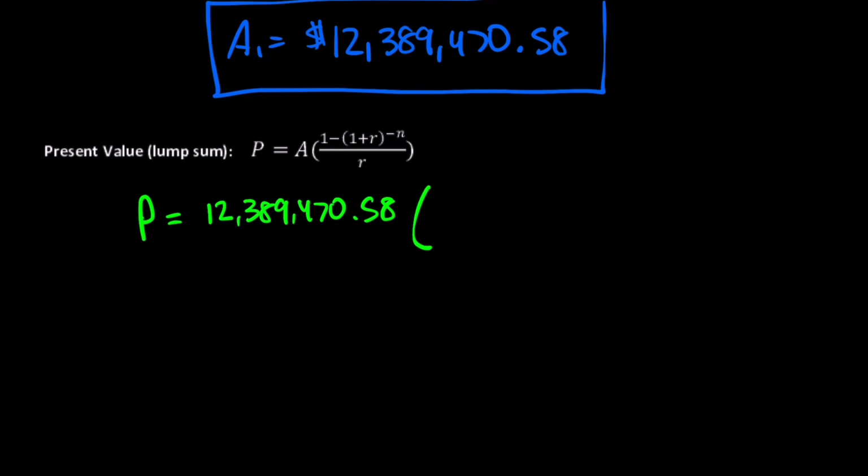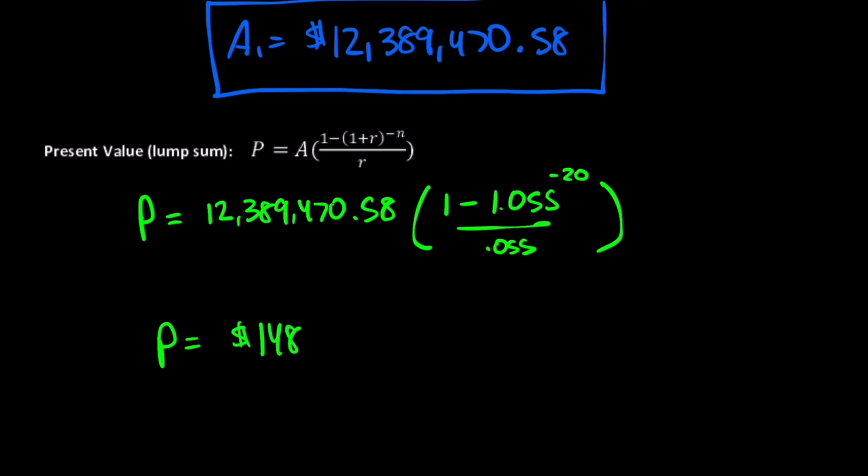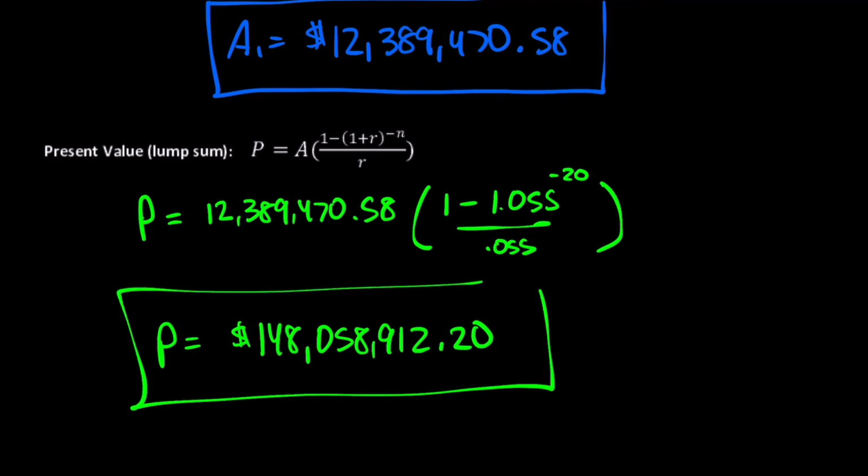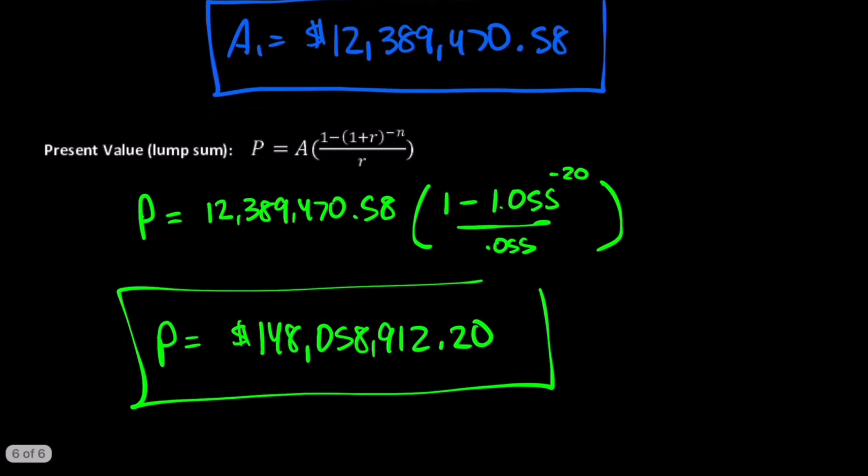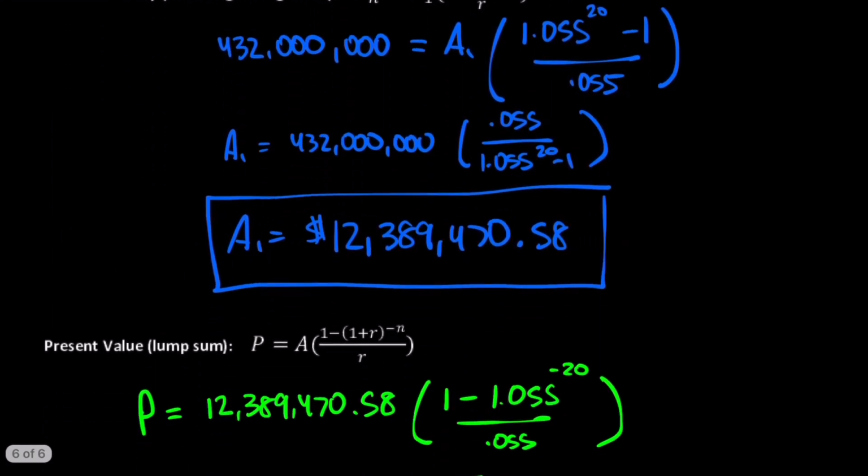And then we fill in the rest: 1 minus 1.055 to the negative 20 over 0.055. You throw all that into the calculator and you get a lump sum value of $148,058,912.20.